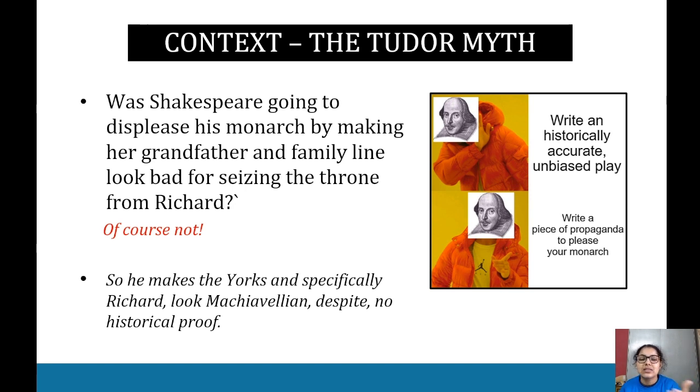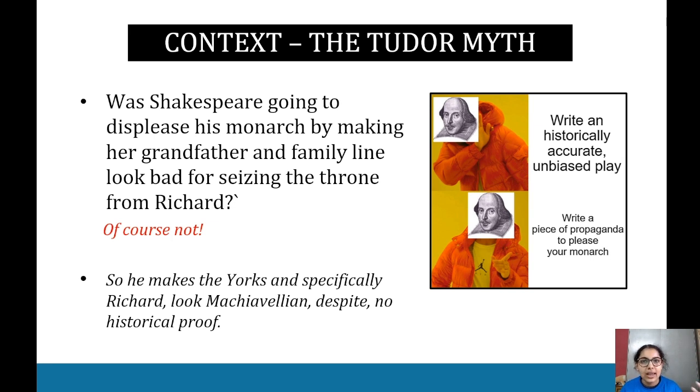So he makes the Yorks, and specifically Richard, look so Machiavellian, despite no historical proof. You can go down a rabbit hole here when you research this. There's no proof that Richard did what Shakespeare has painted him to do. It's funny because even the fact that Richard is a hunchback is dramatized so much by Shakespeare.